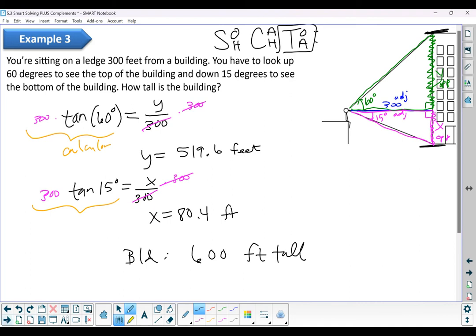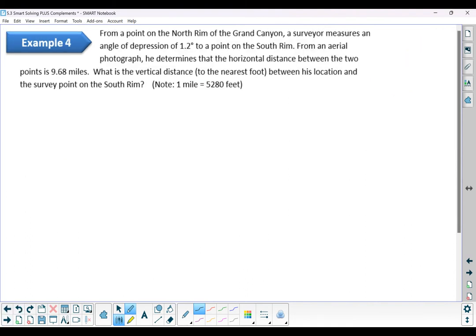Okay, so one more of these word problems where we are doing a calculation of a distance. This scenario is a little bit tricky to set up a diagram for. Maybe you've been to the Grand Canyon, so this maybe will make sense to you, but the north rim of the canyon is higher than the south rim.